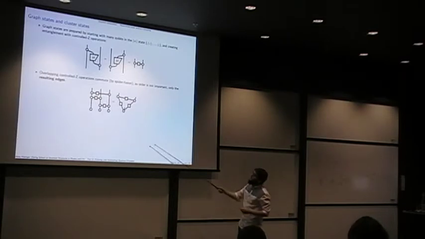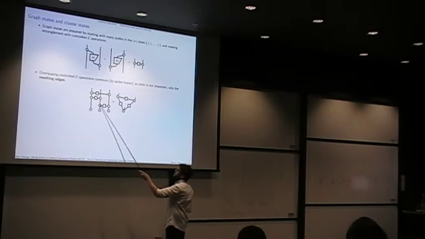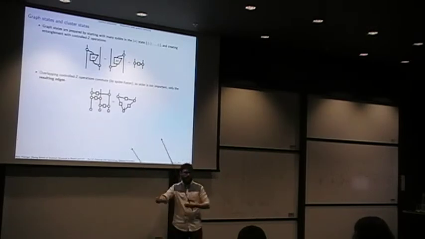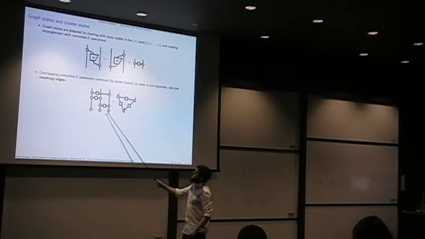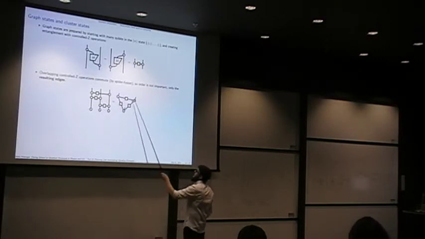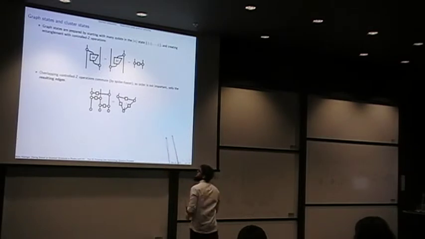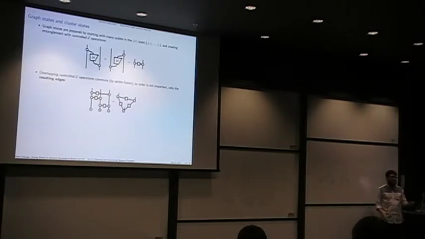And then these things all commute with each other. You can see why, it's just spider fusion, right? Here's a white spider and here's a white spider, so I can quite easily slide these bits of the diagram past each other. So the order that I do these things doesn't matter. And in fact, I can just squash them all, and the only thing that I'm left with are the edges. Right? And then the important part about this state that I've prepared is its underlying graph.